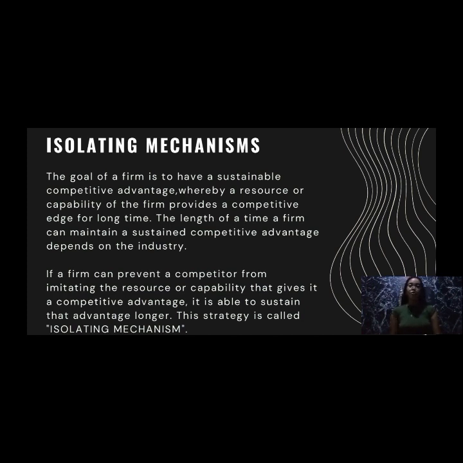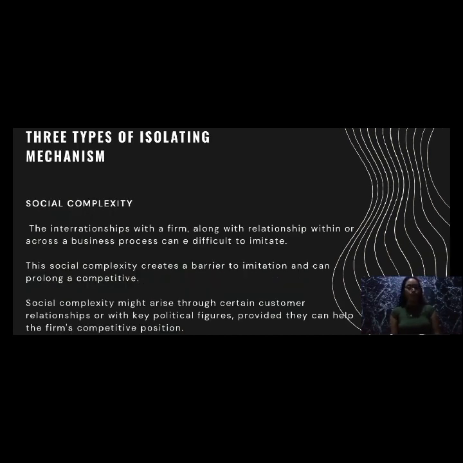It gives the sole right to exclude others from making, using, or selling an innovation for a designated period. In that way, na minamaintain ng pioneer o na naunang nagpo-produce ng kanyang product or service ang pagiging the only dealer. Now, let us talk about the other types of isolating mechanism.